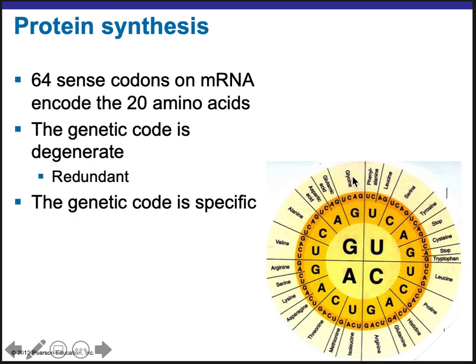GGG also codes for glycine, and GGC and GGU. All the GG, first and second GG, any ending to that is going to give you glycine. So it's redundant, but it is still specific. GGA is never going to give you a different amino acid. It's always going to give you glycine, and so on and so forth.